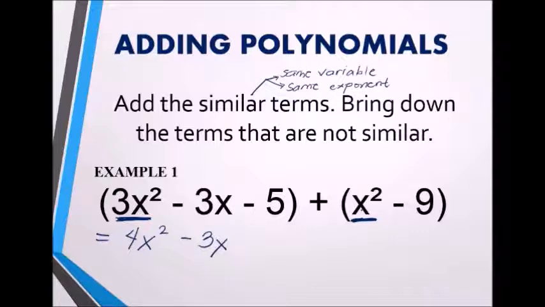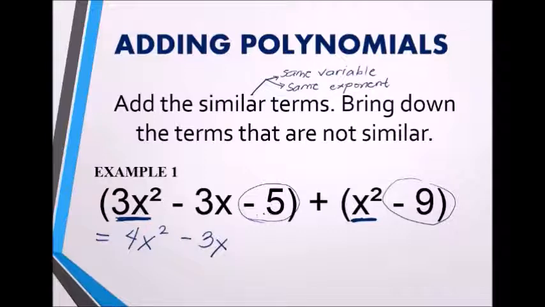Kahit wala siyang variable, kasimilar niya pa rin itong isa pang term na walang variable. So, we have negative 5. Gawin ko naman siyang circle para alam ko sino magka-partner. Negative 5 and negative 9 are similar because they are constants. They both do not have variables.